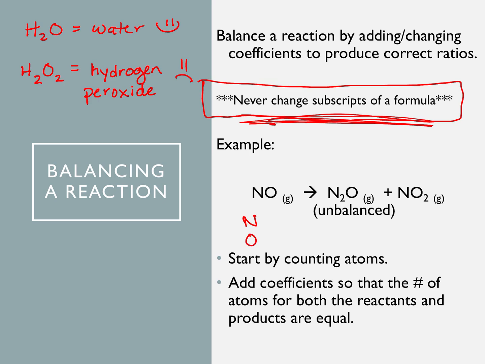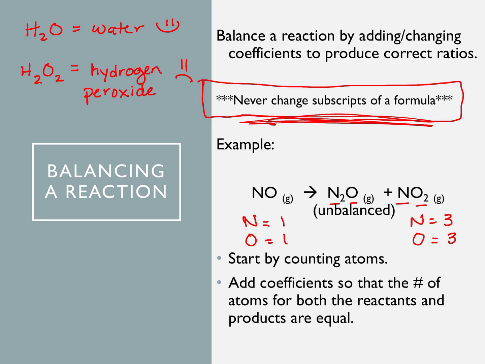So I like to say, okay, on this side we have nitrogen and oxygen. On this side we have nitrogen and oxygen. I have 1 nitrogen, 1 oxygen on this side. I have 2 plus 1, which gives me 3 oxygens on this side. And right now I have 1 plus 2, which gives us 3 nitrogens and 3 oxygens on this side. So we have 3 of each of those.